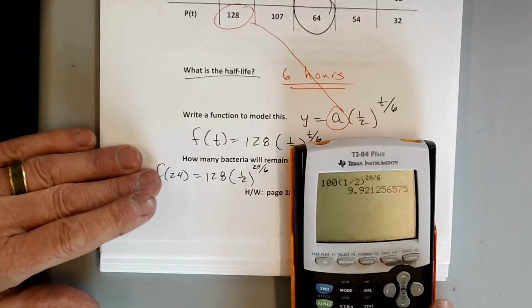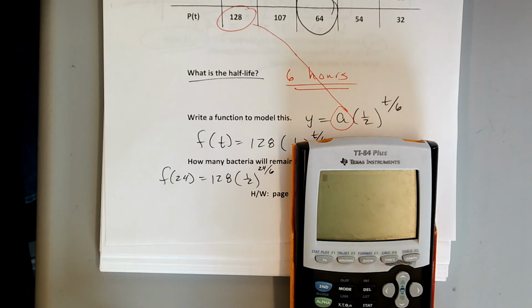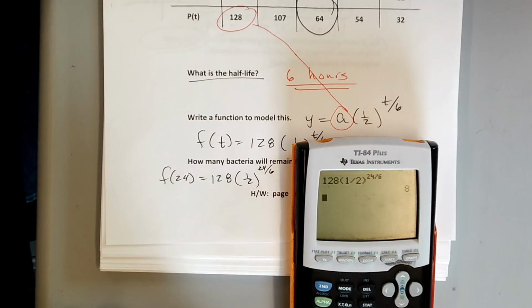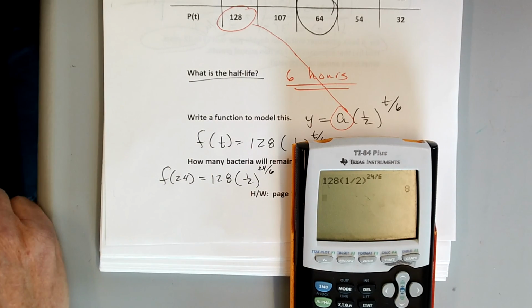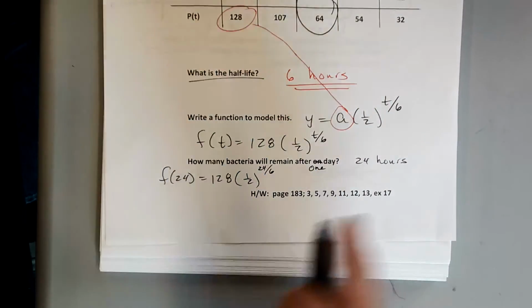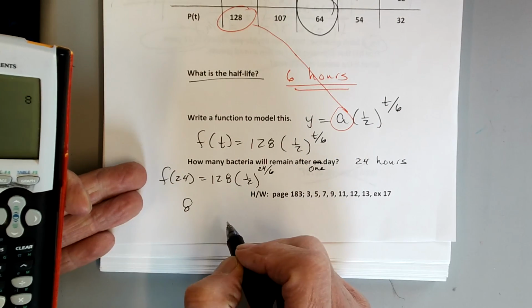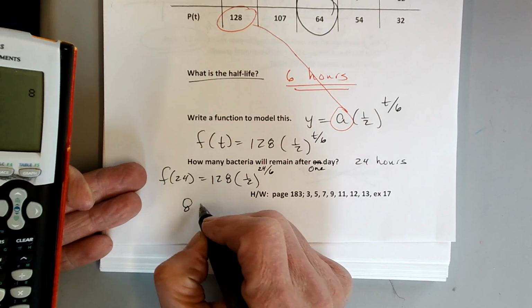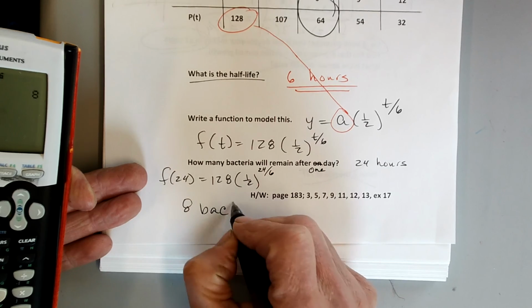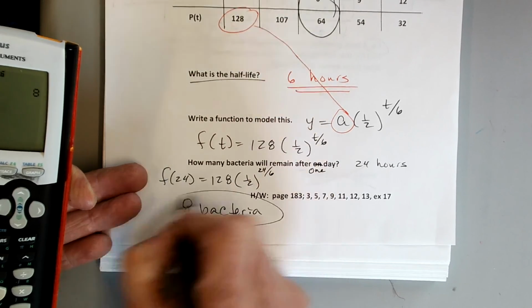And I'll just use my calculator. To the power of 24 divided by 6, and I get an answer of 8. So it got smaller and smaller and smaller. So 8 bacteria. What do you think? Not too bad?